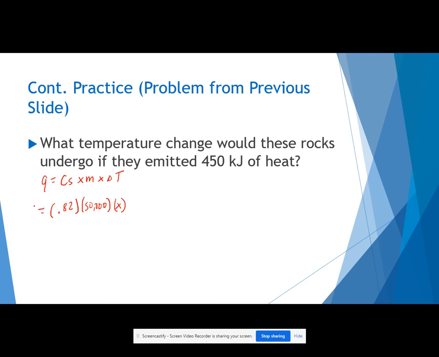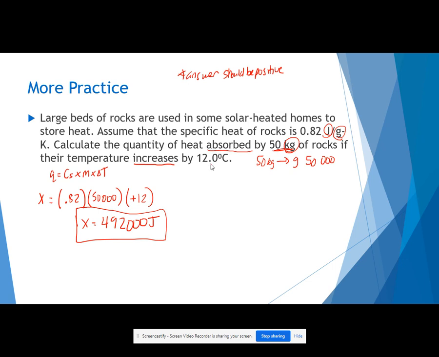So the last thing that we have to put in is this Q. Well, here, Q is heat. Heat is denoted by Q. It says 450 kilojoules. Well, kilojoules does not match what we had up here for our specific heat unit, which was 0.82 joules per gram Kelvin.